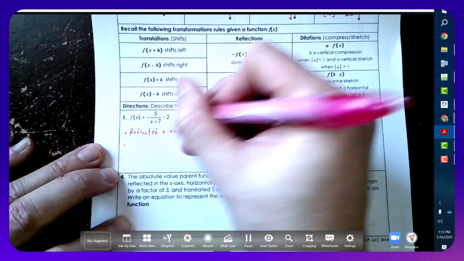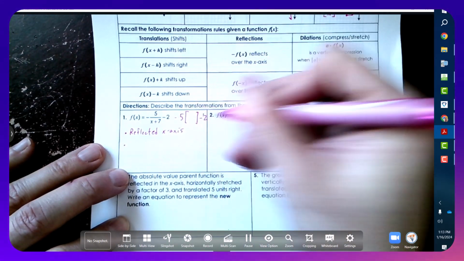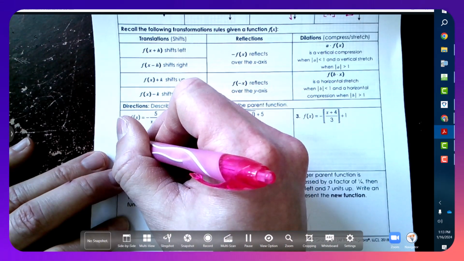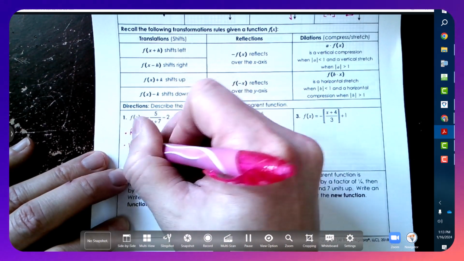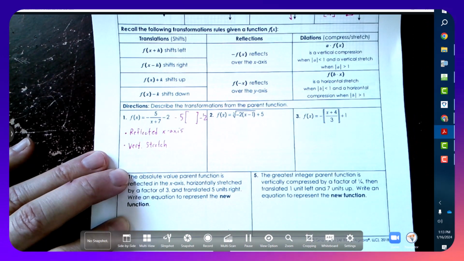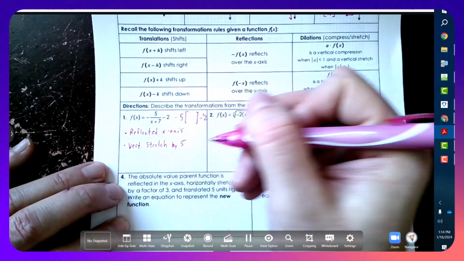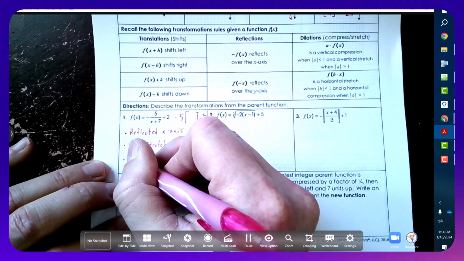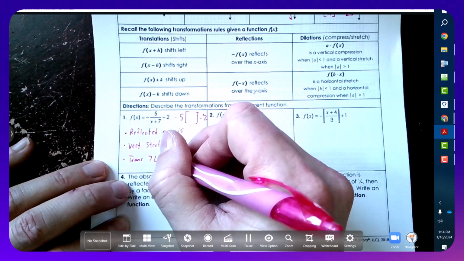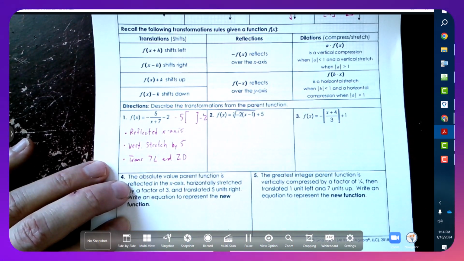We could literally write it that way if we wanted to, and it would still be the same. So this is a vertical stretch, because it's positive and greater than 1. Vertical stretch by a factor of 5. Then we have a translation of 7 to the left and 2 down.